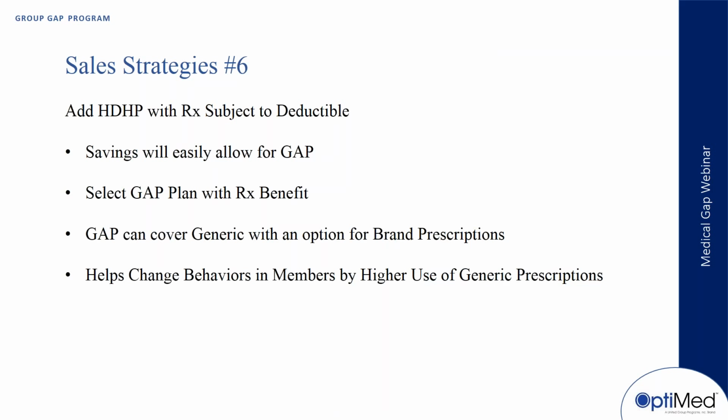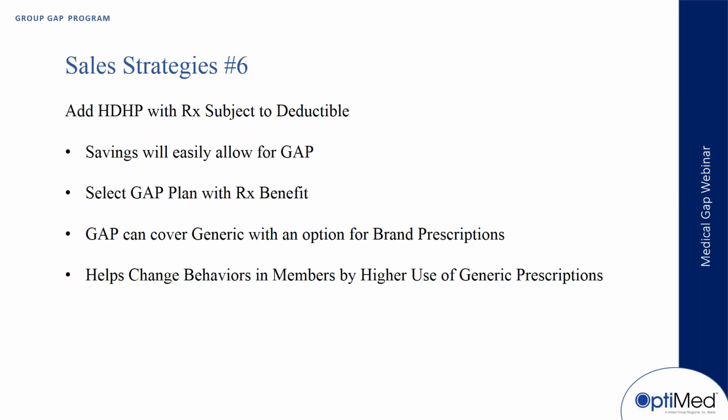So sales strategy number 6 is adding an HDHP with RX subjected to deductible, meaning essentially an HSA plan. But when we're talking about this, we have gap programs that can cover RX in certain states. If you're in a state that has that availability, we can cover generic and brand out of the gap program.